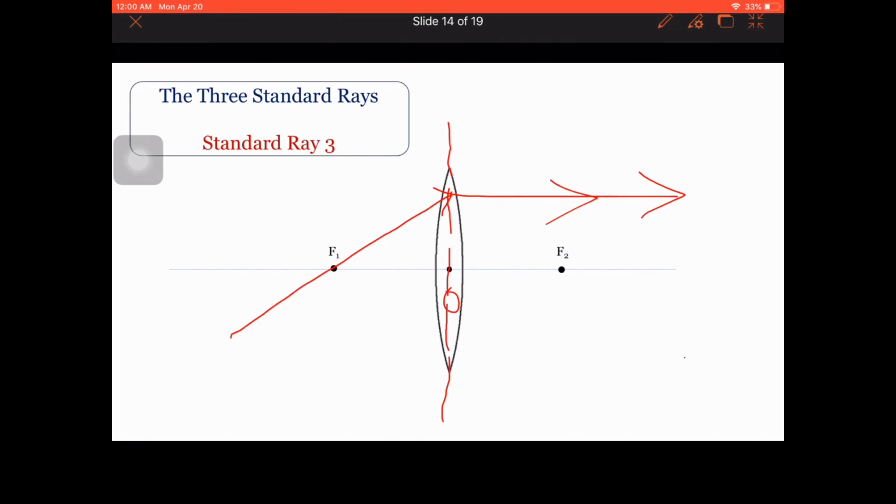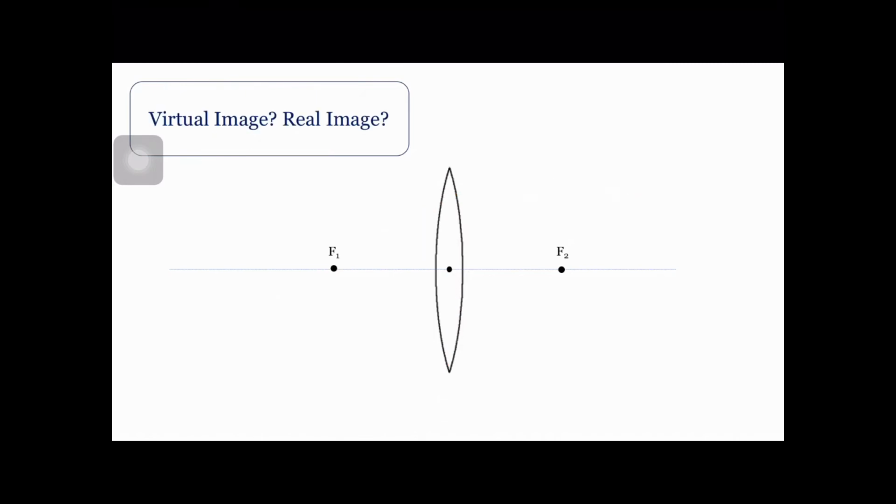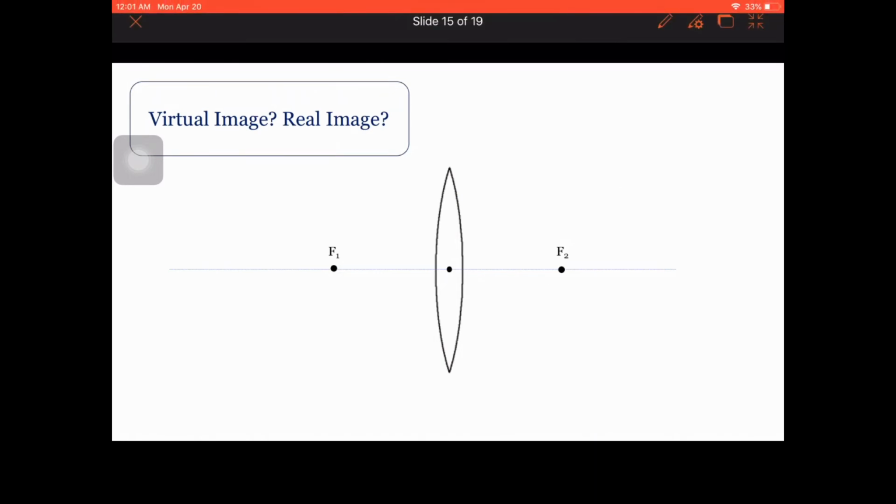Before we go on using these 3 standard rays in drawing our images, we have to define some words first. So first we have virtual image and real image. What is a virtual image and what is a real image? What's the difference? A virtual image is an image that is formed by imaginary lines.